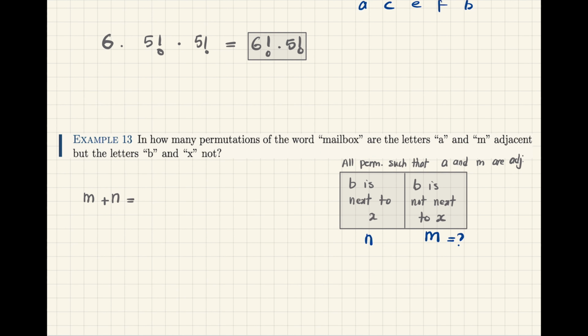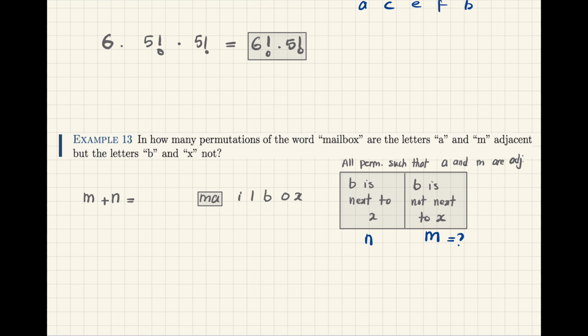So it is easy. I want to put A and M adjacent, so I put them in an invisible box, for example. I have this MA, and then what is left for me? I, L, B, O, X. So let me check. I put M and A in a box, and then I, L, B, O, X. How many objects do you see? 1, 2, 3, 4, 5, 6 objects.